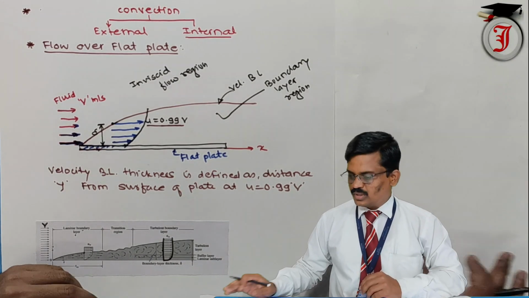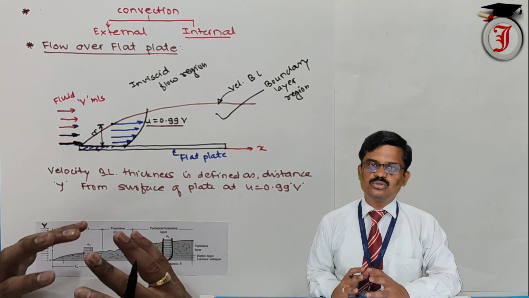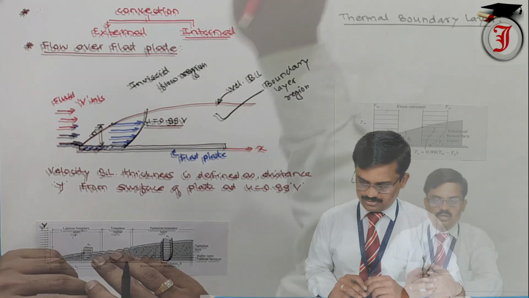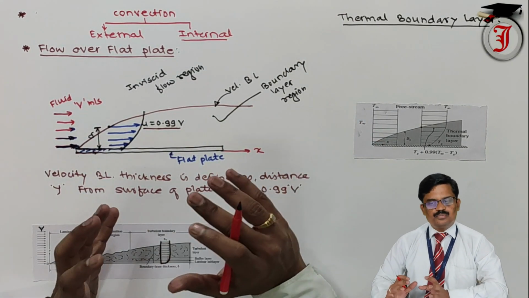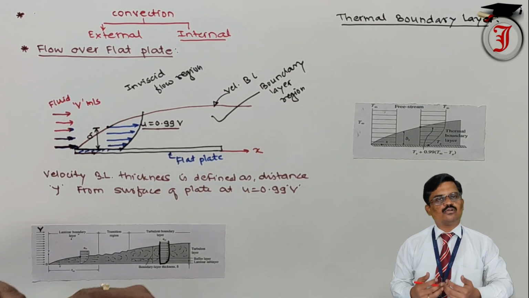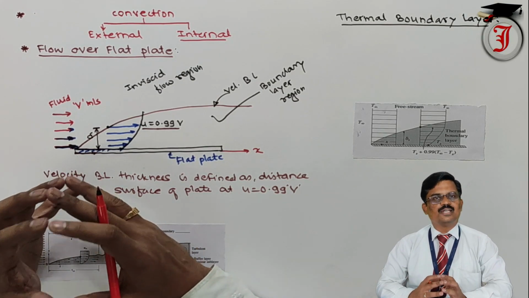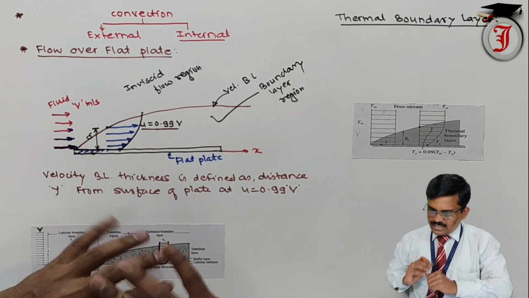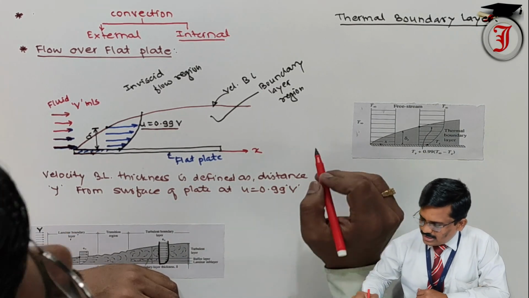Now we will see flow over a flat plate, and how the thermal boundary layer is created on a flat surface. So we have seen the velocity boundary layer develops when the fluid is flowing over the flat surface, as a result of the fluid layer adjacent to the surface having surface velocity equal to 0. Now, in a similar manner we have to consider how the thermal boundary layer develops.